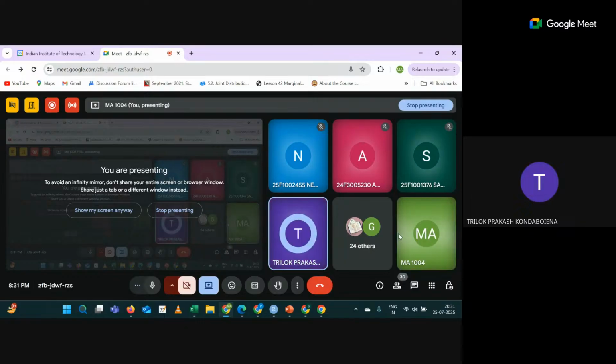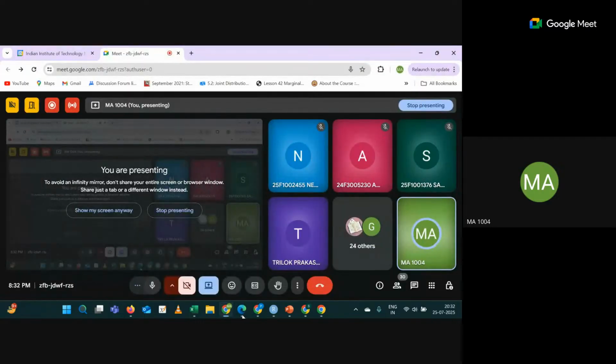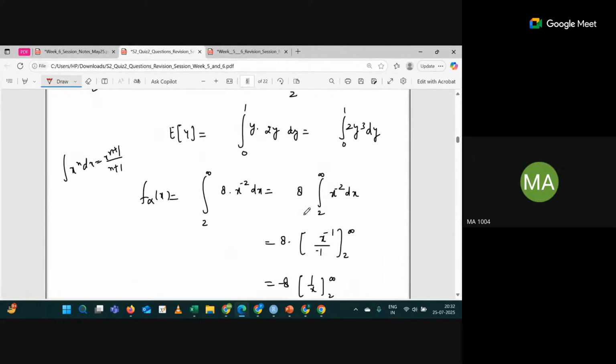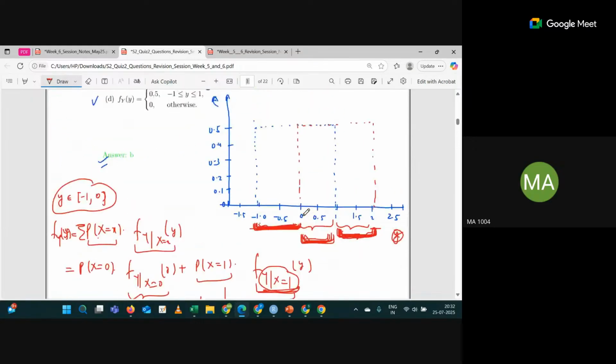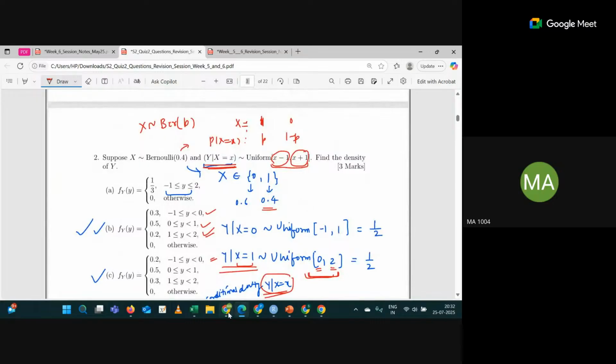Can you post your notes PDF on the chat window, because I don't know whether it will get uploaded in time. Sorry, I don't think I can share the PDF in the chat window. It's not possible, right? I'm not sure. By tomorrow morning it will be uploaded.